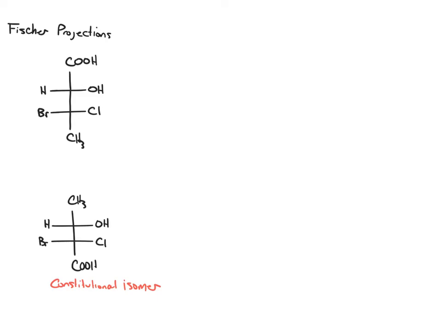Yeah, so then if I drew it, we put the Br and the Cl on the top, and then the H and the OH on the bottom. Okay, so by doing that, this ends up being the enantiomer of this one.